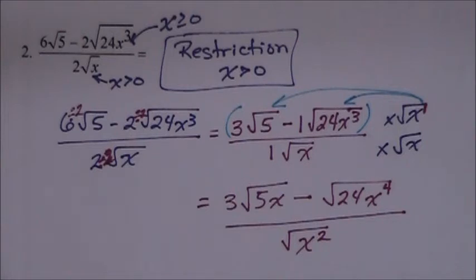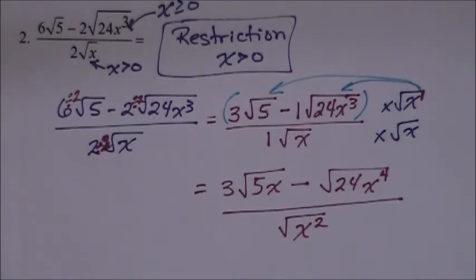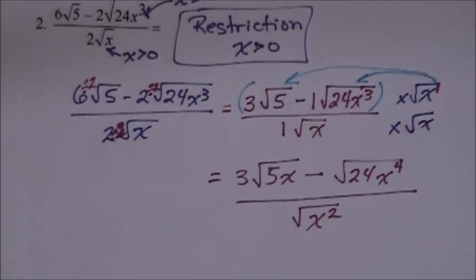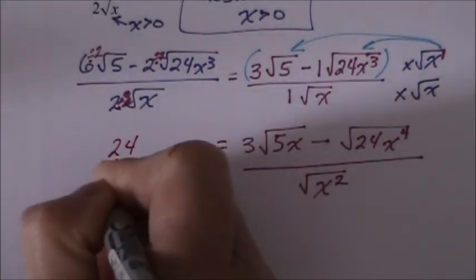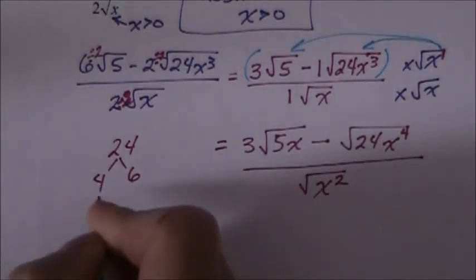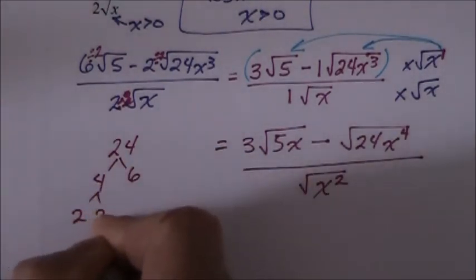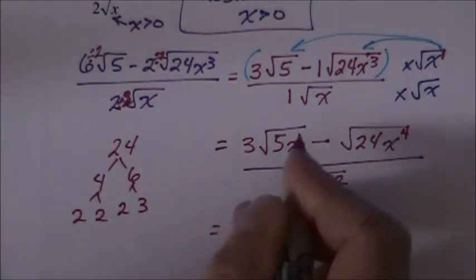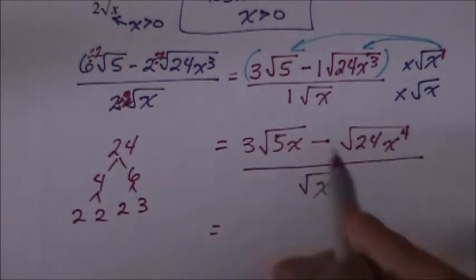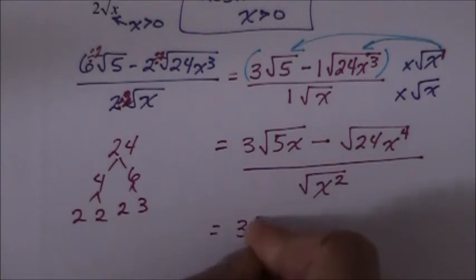Next step would be to simplify those radicals, see if we can make any of them smaller. So taking a look at 24 off to the side, we have 24 is 4 times 6, 4 is 2 times 2, 6 is 2 times 3. So if I look at this first radical, that's a prime number, that's 1x, it's not going to simplify.